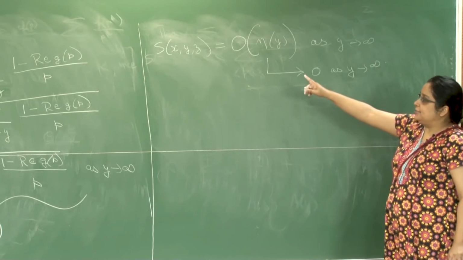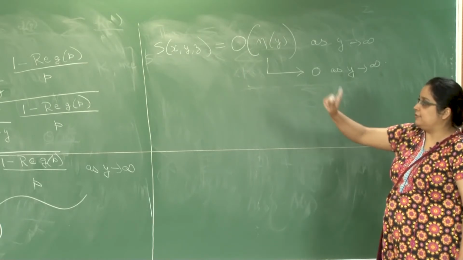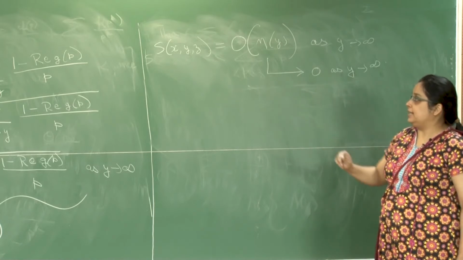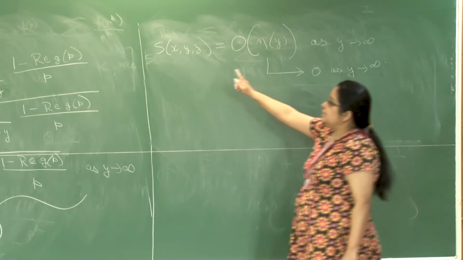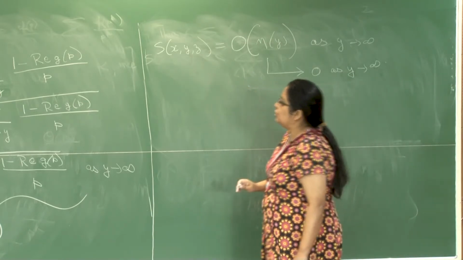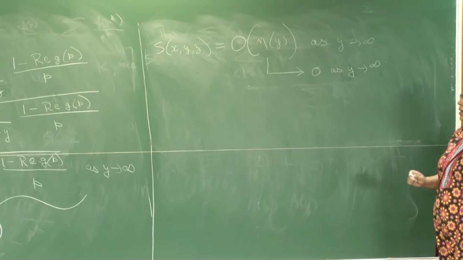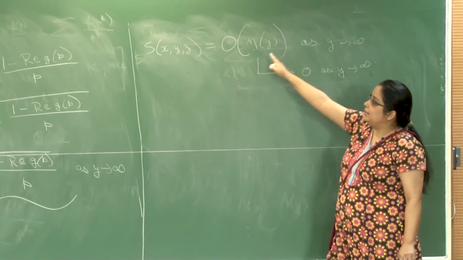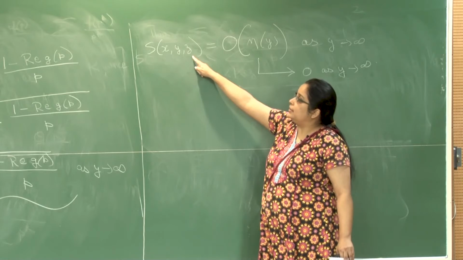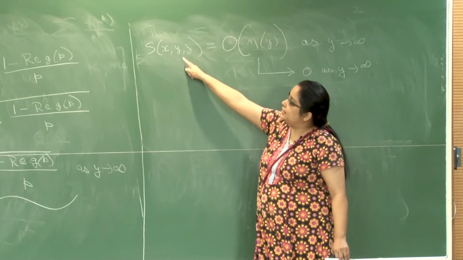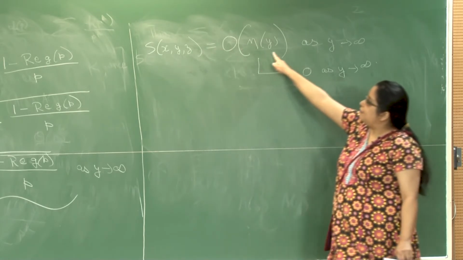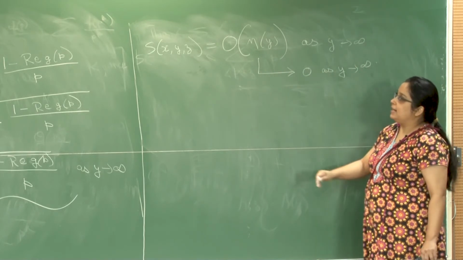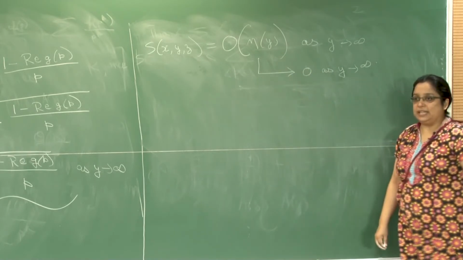S x y of z was a difference between two sums, and we were looking at it in order to study whether a certain sequence coming from y is a Cauchy sequence or not. Notice, by the way, that this error estimate does not depend on z at all. So, for any z greater than or equal to y, we have this. As long as y is becoming very, very large, this error term is going to 0.